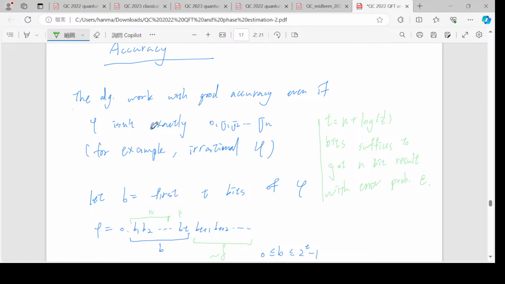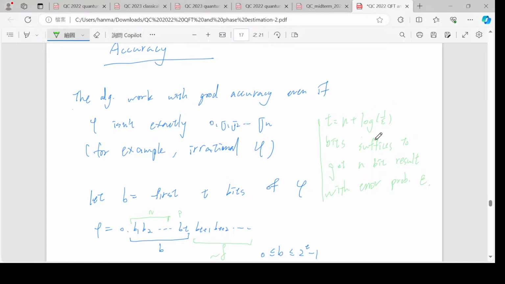What if it's not exactly a t-bit string? Then we can just use a little more bits. Let's say we want n-bit accuracy here. Then the number of bits t you use is a little more, depending on the error.